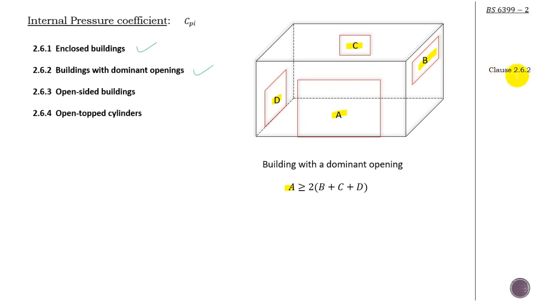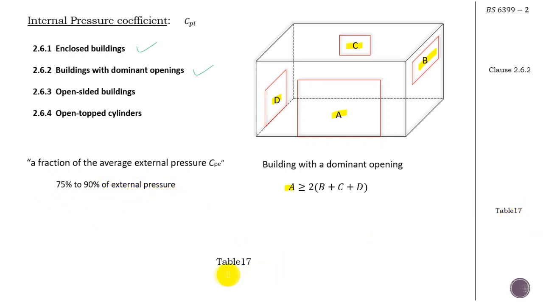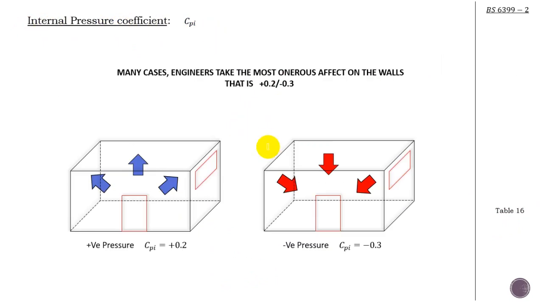I have to refer to this clause to find the internal pressure coefficient, and it's going to be a fraction of the average external pressure, like 75% to 90% of the external pressure. You have to refer to table 17 to find this. Anyways, as I said, most engineers, to be conservative, go for the internal pressure coefficient as positive 0.2 and negative 0.3.